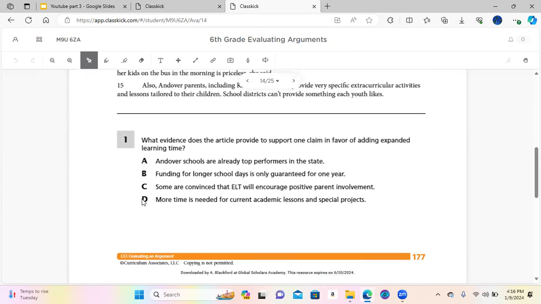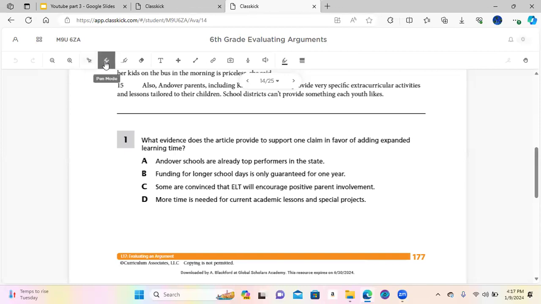So number 1, let's look at A. Andover schools are already top performers in the state. Was that a claim that was supported? No. So that's not a claim that was supported.